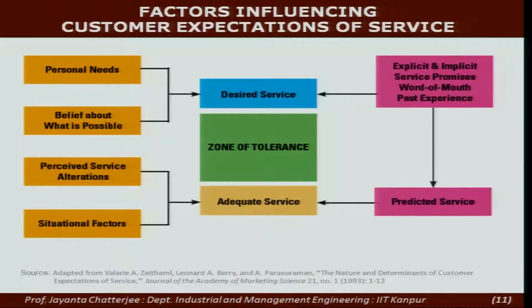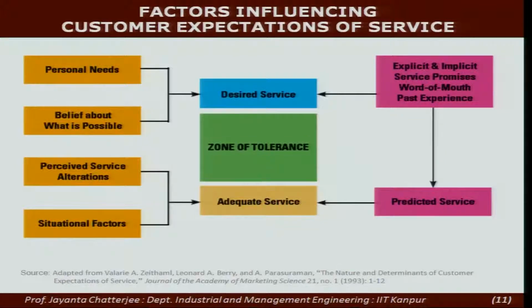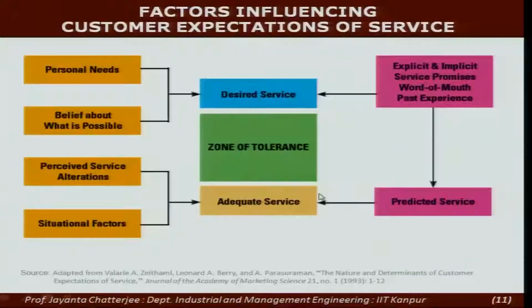You see in the middle we have the blue zone, which is the desired level of service, and in the lower part we have adequate service. When the customer is approaching the service facility, there is already a certain amount of framing with respect to desired service, which comes from personal need and belief about what is possible.